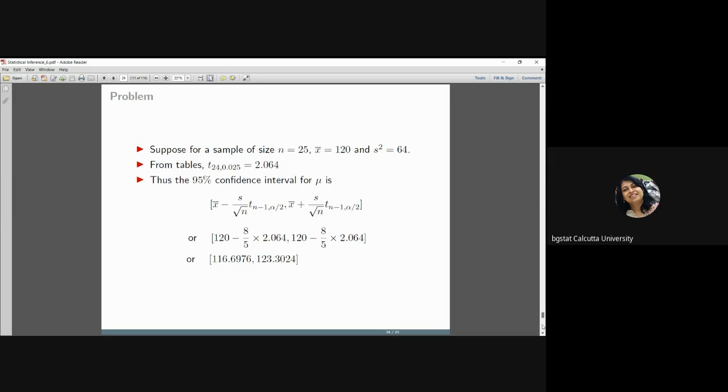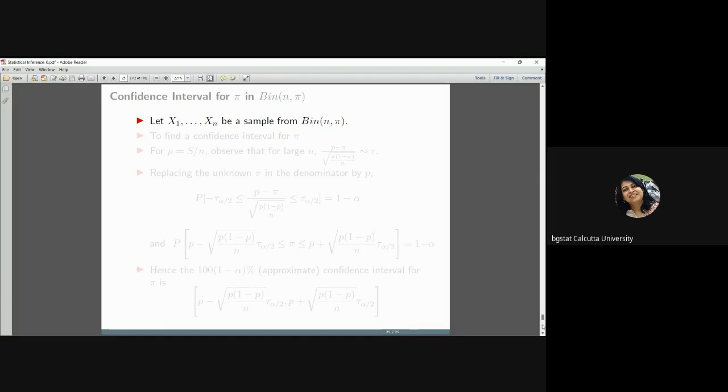So this comes out to be equal to 116.69 and 123.30. So I'm 95% confident that the true unknown population mean lies between these two bounds, with probability 0.95.